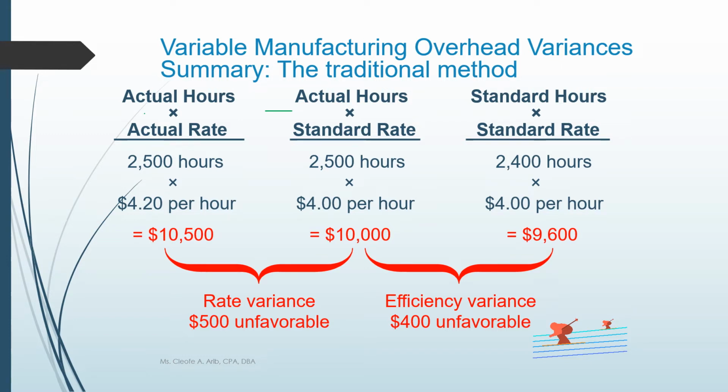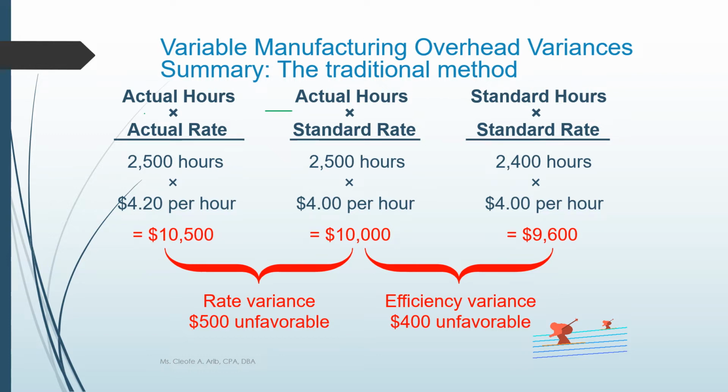And we know also from the previous slide that the standard rate for your variable manufacturing overhead is only $4. So your actual rate is higher than your standard rate by 20 cents per hour. So 20 cents per hour, multiply by how many hours? 2,500. Thus, we have an unfavorable rate variance of $500.